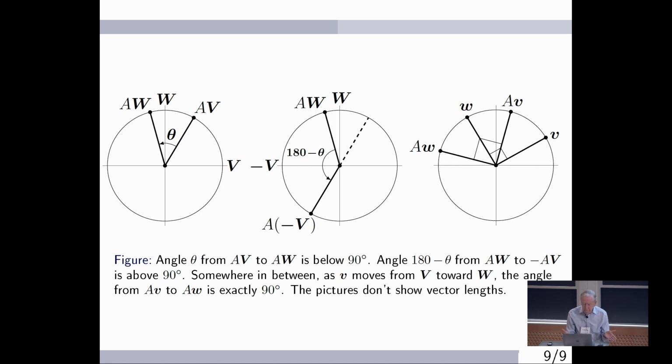So how are we going to finish this proof? By magic or continuity or whatever words we dig up: somewhere in between that first pair and the second pair, where the angle was less than 90 and became greater than 90, there is a little v and a little w so that Av is perpendicular to Aw, so that the angle is 90 degrees.